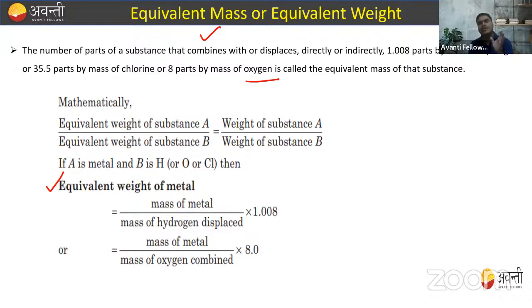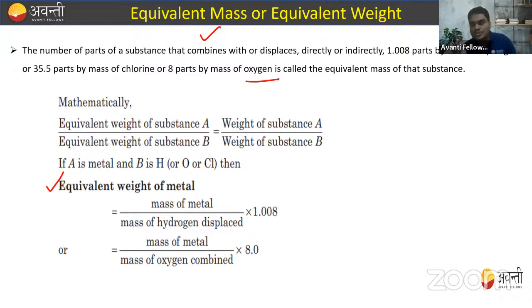So just like this, we have equivalent mass or equivalent weight. What is this? The number of parts of substance that combine with or displace, both are okay, right? That is, the number of parts of substance that combine with or displace directly or indirectly 1.008 parts by mass.